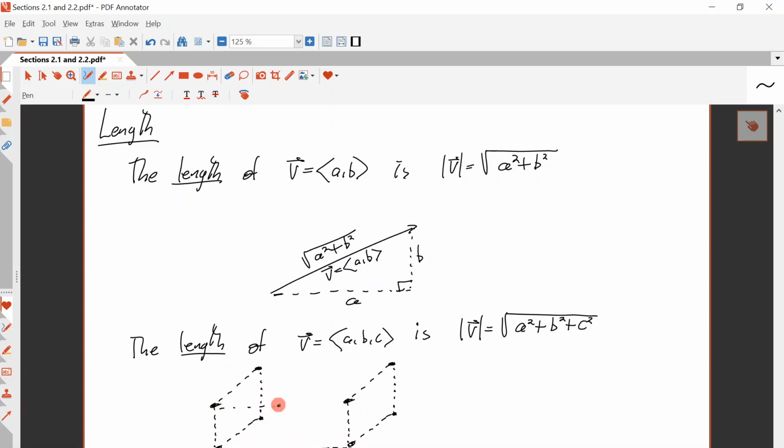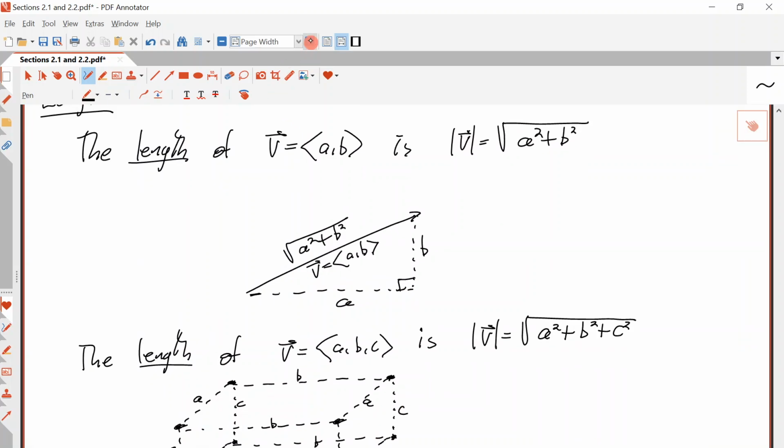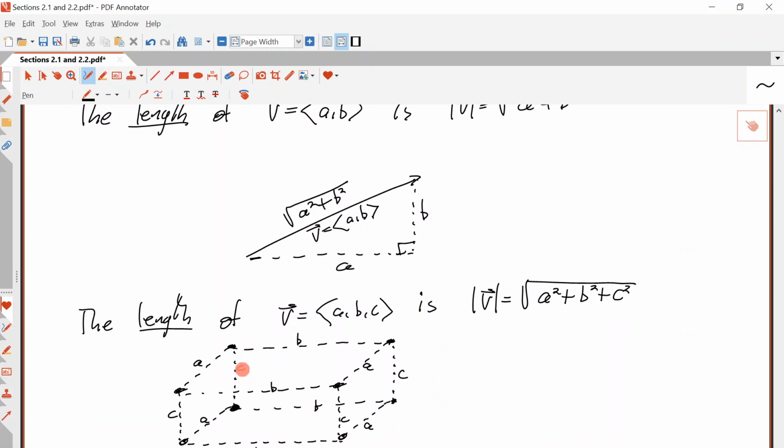We've got this box like this, where these sides have length b, these sides have length a, and these up and down sides have length c. Now if we've got this vector, let's do it in a nice bright color, from here to here, that's the vector (a, b, c).